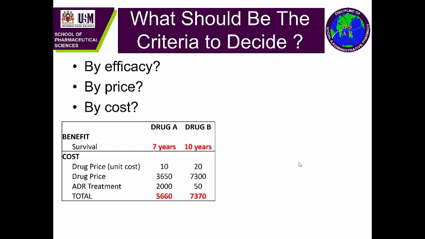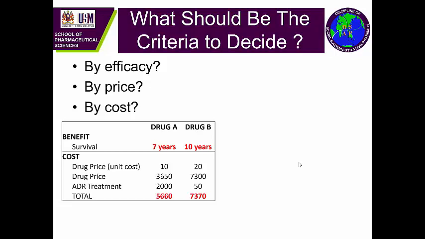What we have is mixed evidence, mixed results of efficacy, where drug B is better compared to drug A, and we also have evidence that the price for the older drug is cheaper, but it also has a more expensive ADR treatment. So what we have is a big dilemma, a confusion.